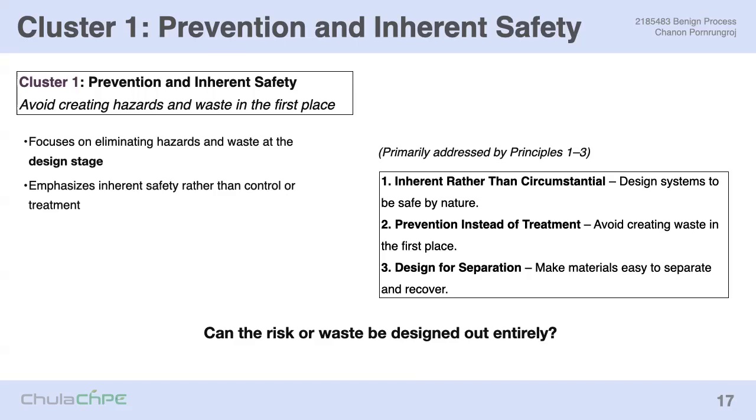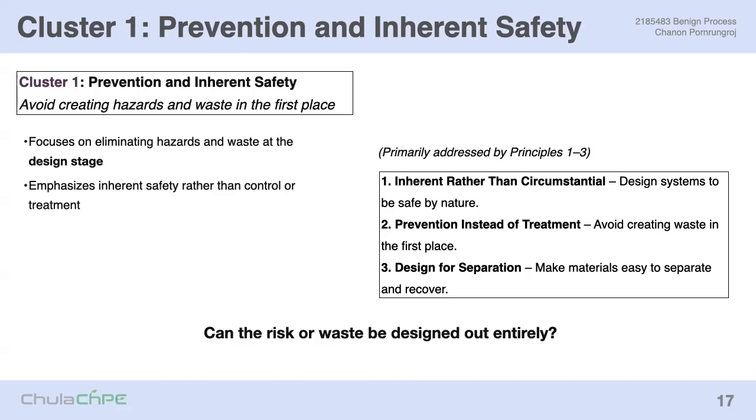If you design the process, sometimes the process can be controlled to make it safe. You have a monitoring system, a fire alarm, chemical safety controls. That is circumstantial, meaning the process itself is not really safe, but you have safety measures to make it safe.